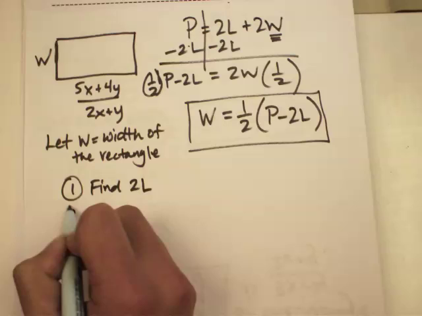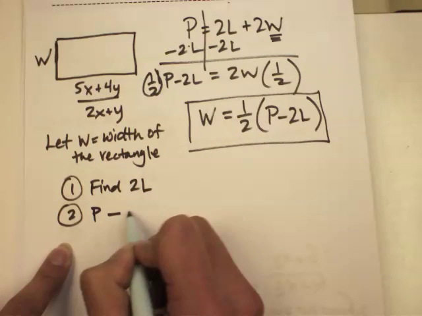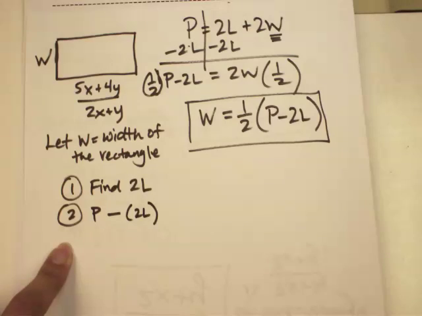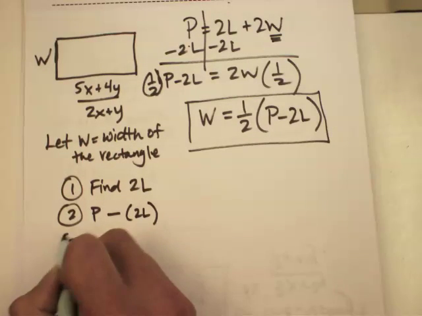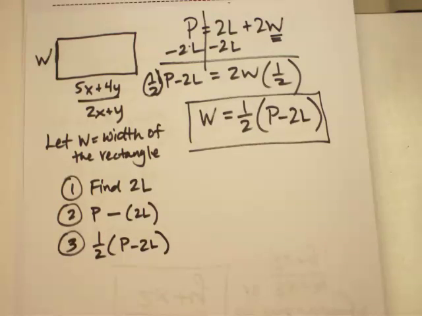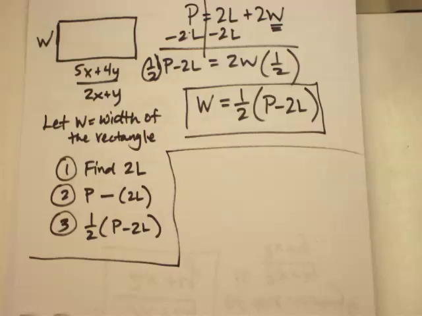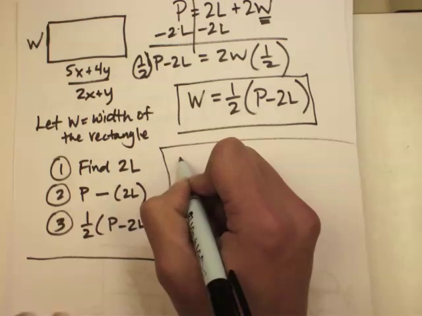Step number 2, I'm going to take my perimeter and subtract my 2L. And the very last step, I'm going to take 1/2 of that value. Okay, so when you break it out into pieces, it's a little bit more manageable. All right, so let's start with the very first step, finding 2L.